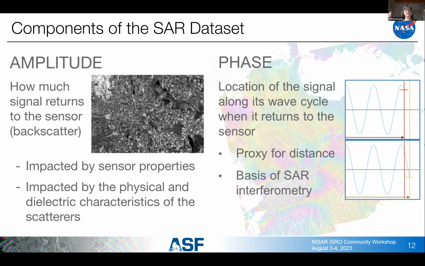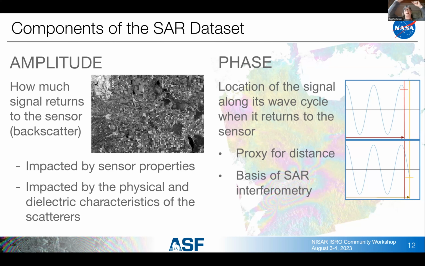That phase is a proxy for distance, and this is the basis of SAR interferometry. So basically, if you sent down a signal from space, it travels to the Earth, it interacts and comes back, and the sensor can measure where that signal is along its wavelength when it returns to the sensor, and that is an indication of how far that signal has traveled.